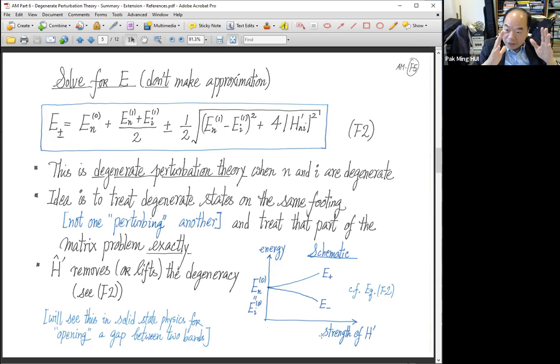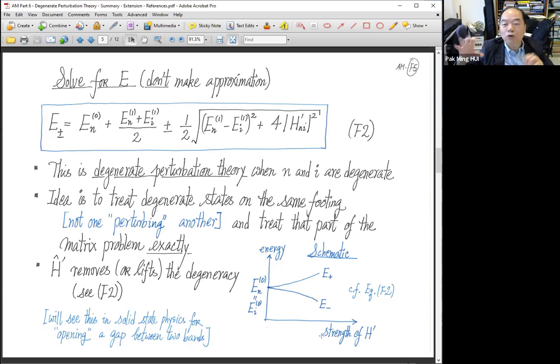Don't criticize this, because the physics is that if you take this part and do it exactly, the strong mixing due to H prime is already included in your answer, because H prime mixes the degenerate state most strongly into n. You have already taken care of it.